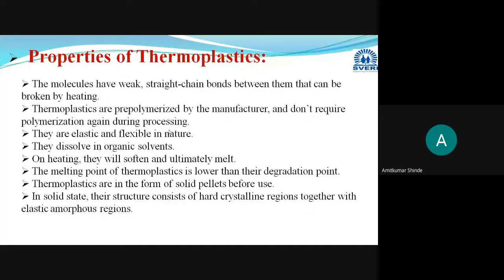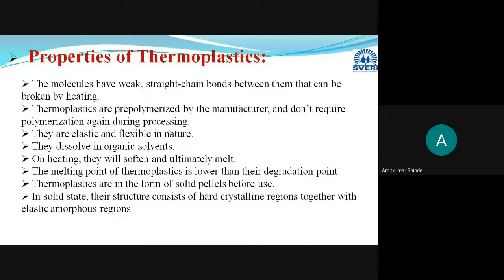For thermoplasts, the first property will be its molecules will be very weak, and straight chain bonds will be there.